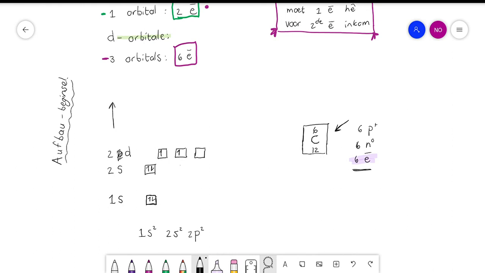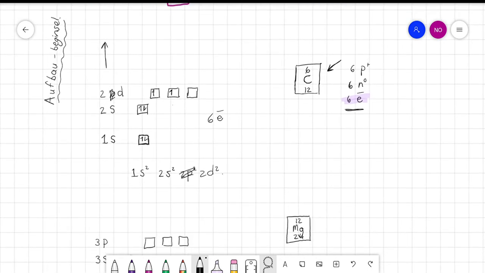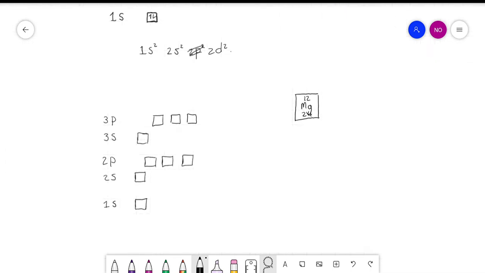So in other words, I have no more to fill. We have our 6 electrons. I've got 2 in 1s, so we write it like this, 1s to the power of 2. I've got 2 in 2s, so 2s to the power of 2, and I've got a total of 2 in that d orbital. Okay, goed, nog ene, en dan gaan ek vir julle huiswerk gee.